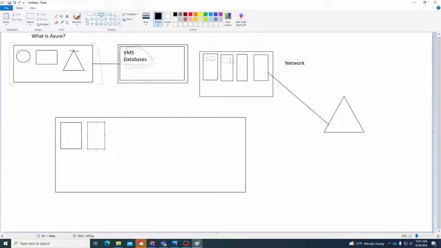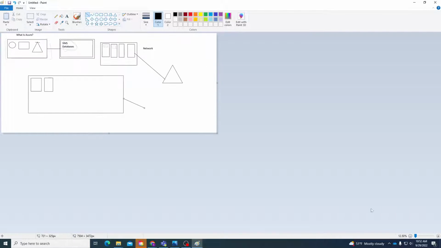However, these regions are connected to other regions, and this is known as Azure's global network. So this is also something you can look up, Microsoft's Azure Globe.